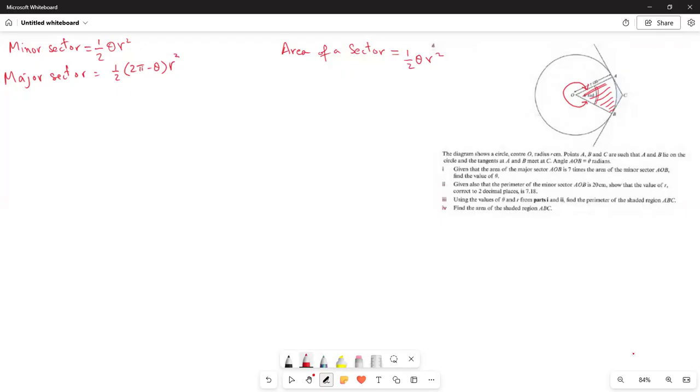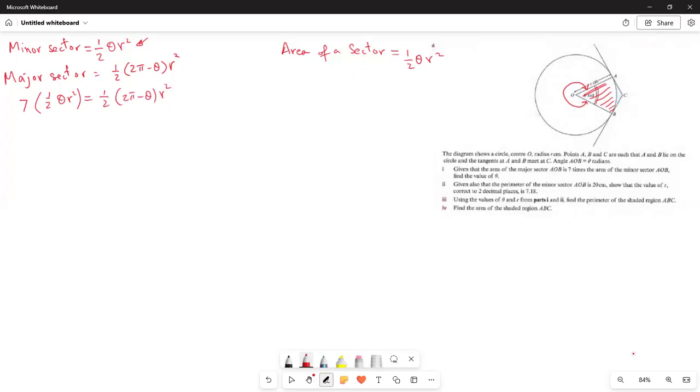Just the major sector. Now we are given that the area of the major sector is 7 times larger than the minor sector. So if I multiply the 7 with half theta r squared, I will get half into 2 pi minus theta into r squared. I hope this part is clear.